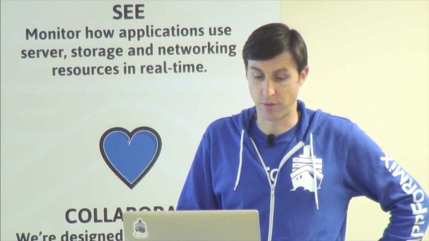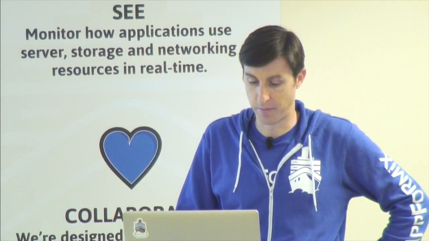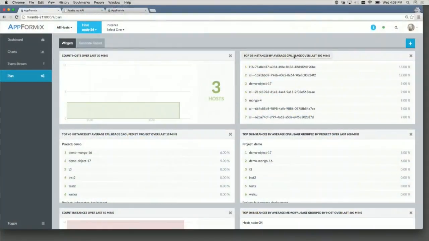Yeah. So we have what we call our reports page. This is a different way to look at and search the data, but you could, for instance, say, I want to know the top 30 instances that are using CPU over the last 5 hours. From that, you might find out who are the highest users.